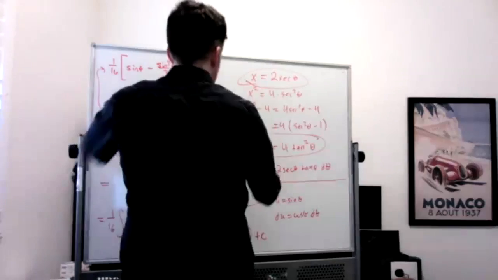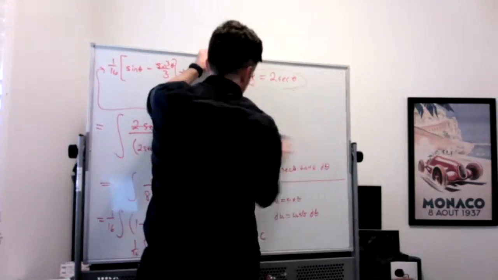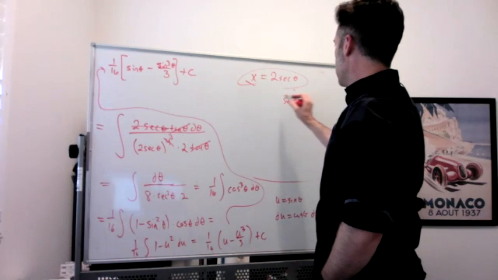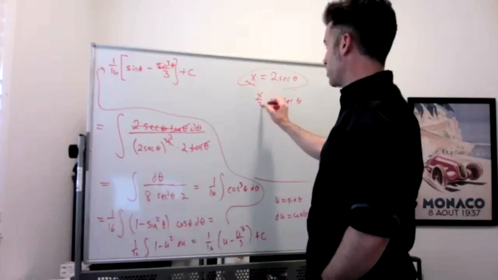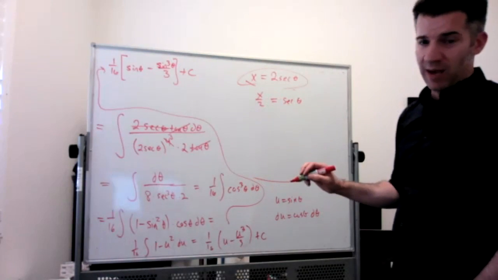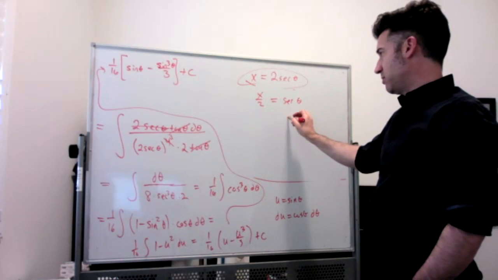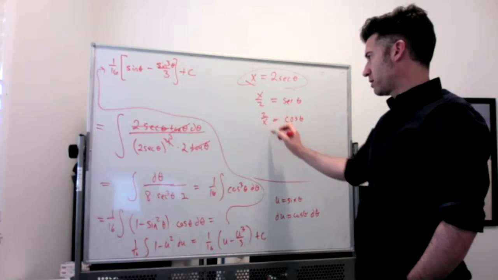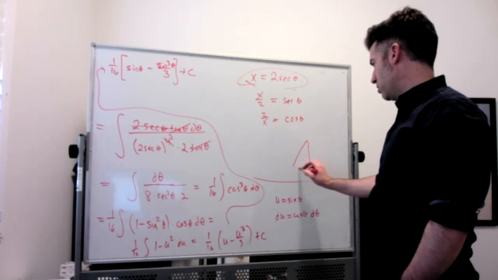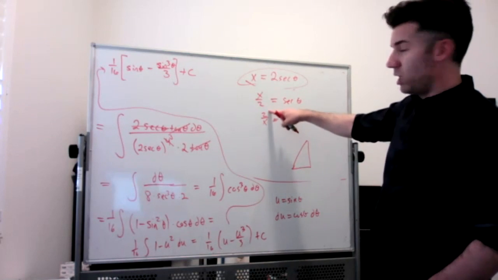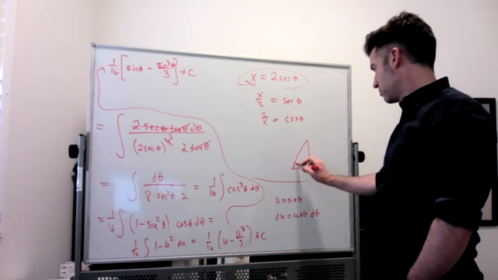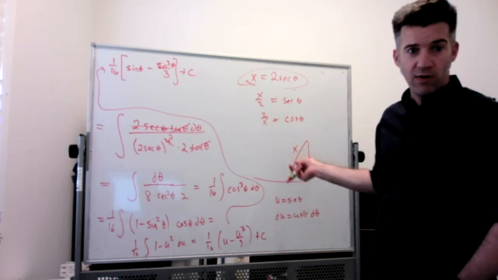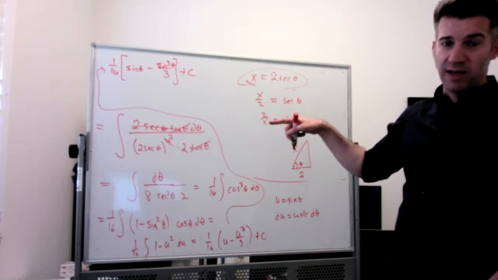So I'm going to write secant theta is equal to x over 2. Or really, I might actually flip both sides and say the reciprocal, cosine theta equals 2 over x. So in my triangle, cosine is adjacent over hypotenuse. Adjacent, hypotenuse. And the third side is the thing that was in my integral that I erased.